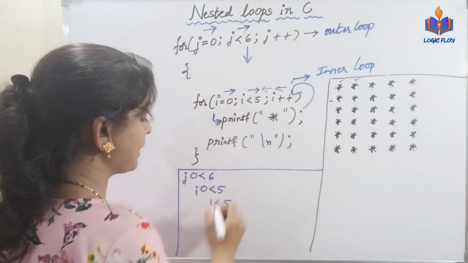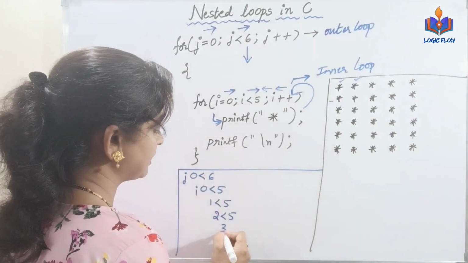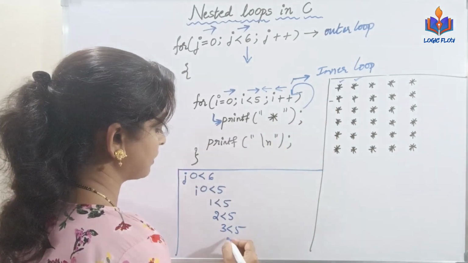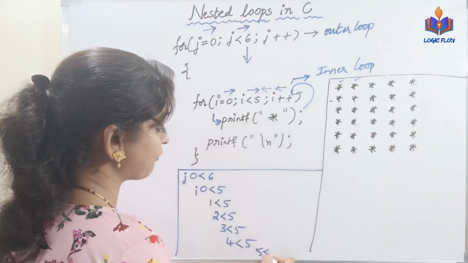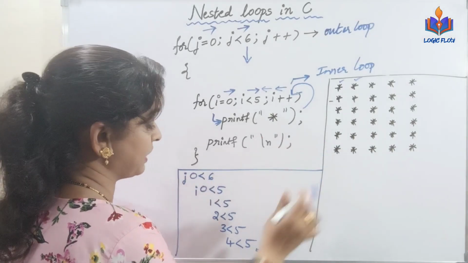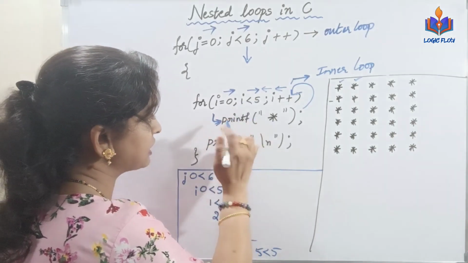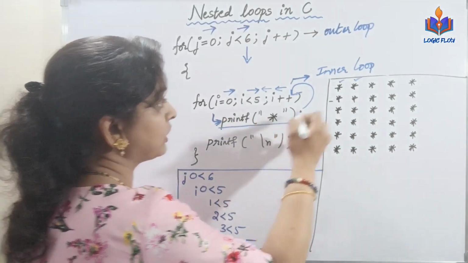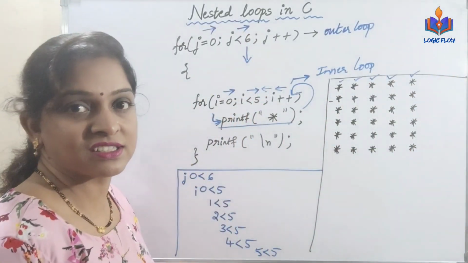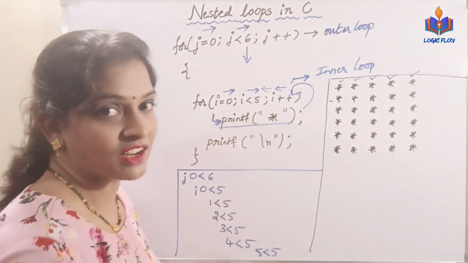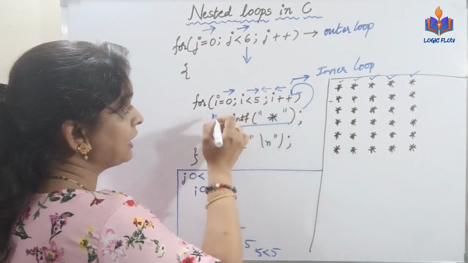Then again loop back, say it is 2. 2 less than 5, again print. 3 less than 5, again print. 4 less than 5, again print. 5 less than 5, the loop terminates. So 1, 2, 3, 4, 5. 5 times this printf statement got executed and I got all these 5 stars. Then 5 less than 5, the inner loop terminates.